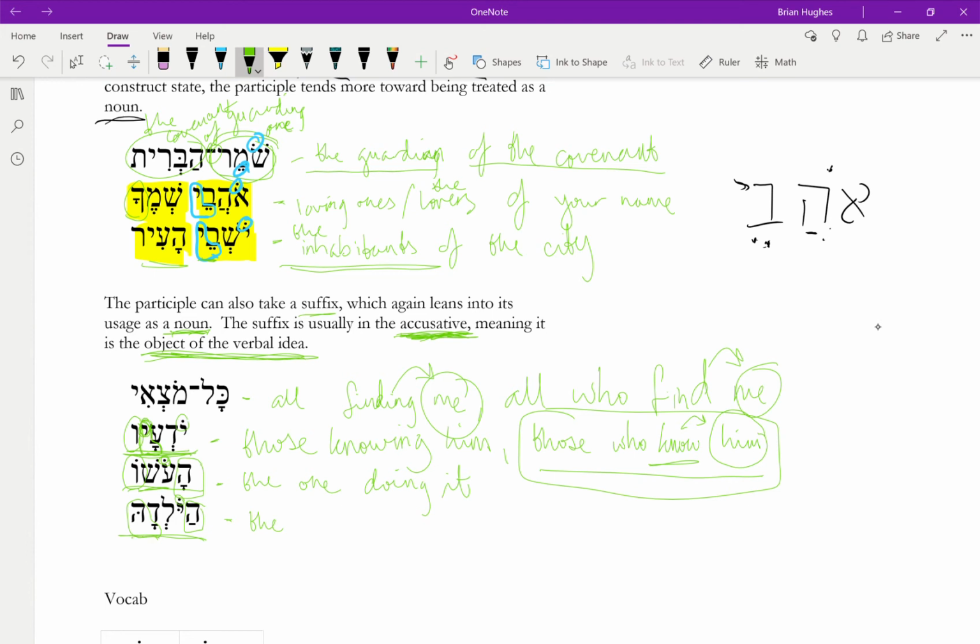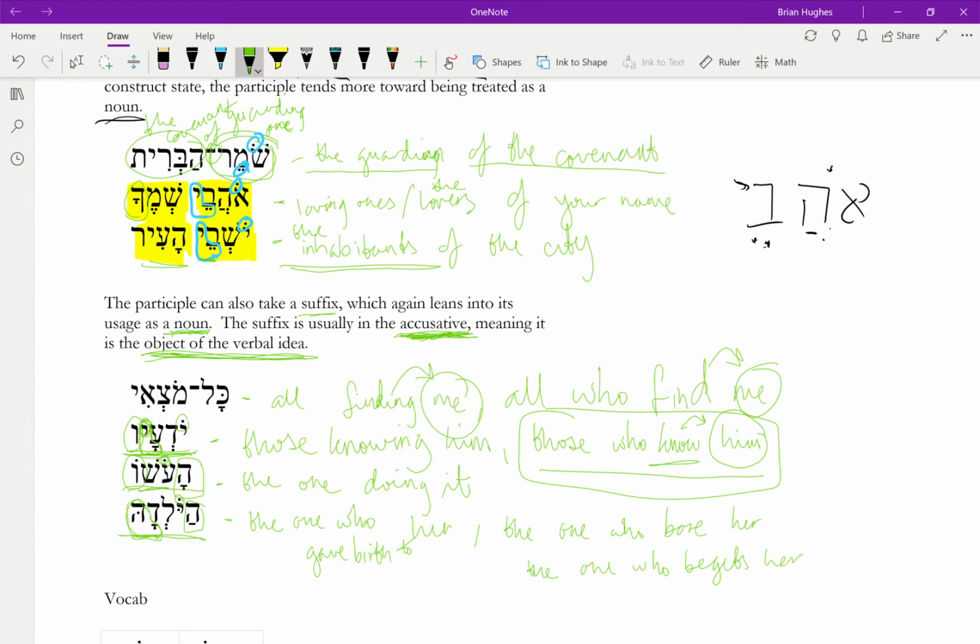And then we get the her, so we might have the one who gave birth to her, or the one who bore her, or maybe the one who begets her, something like that. And this is also in Deuteronomy.